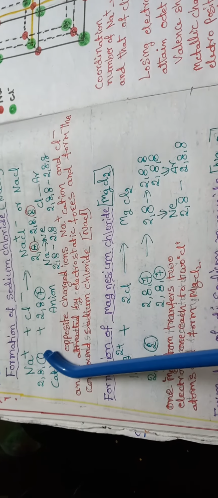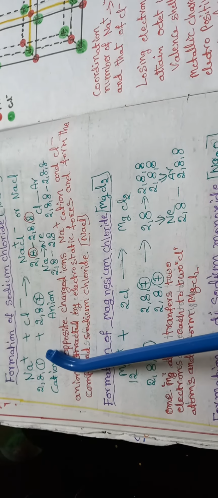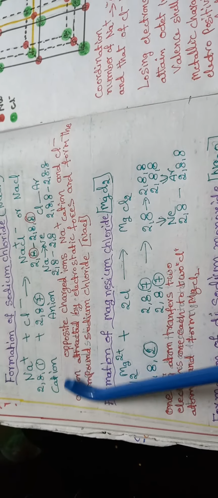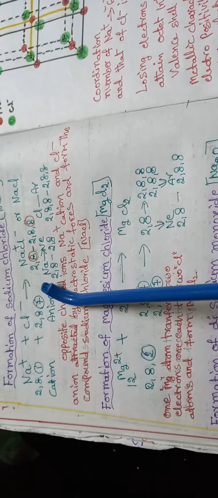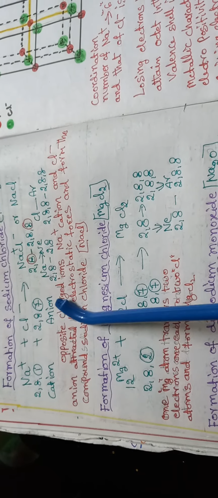When sodium gives the 1 electron, it loses 1 electron, so it is called a cation. When chlorine gets the 1 electron, it is called an anion.